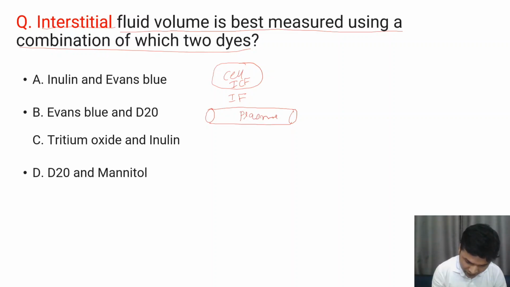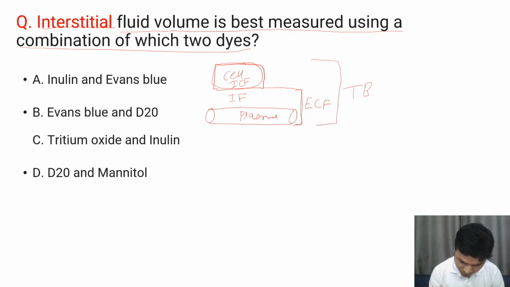Interstitial fluid plus plasma is extracellular fluid, and this one is intracellular fluid. And the whole of these things is called total body water.